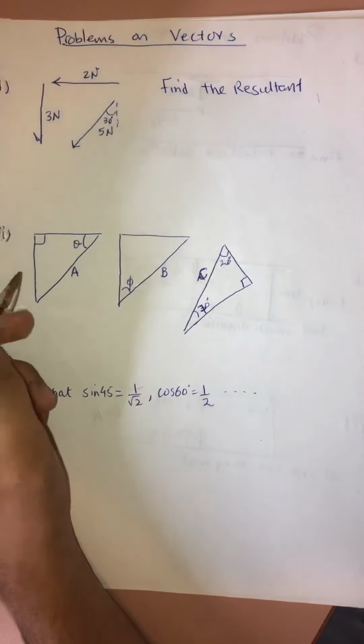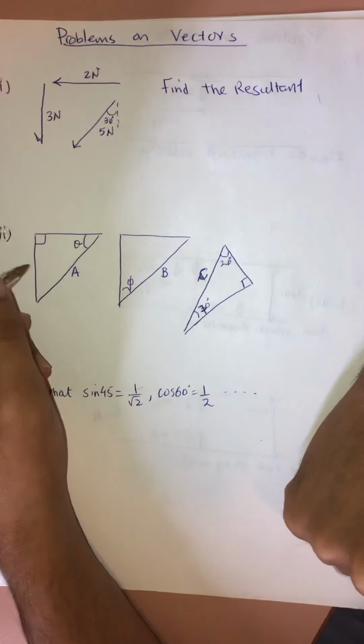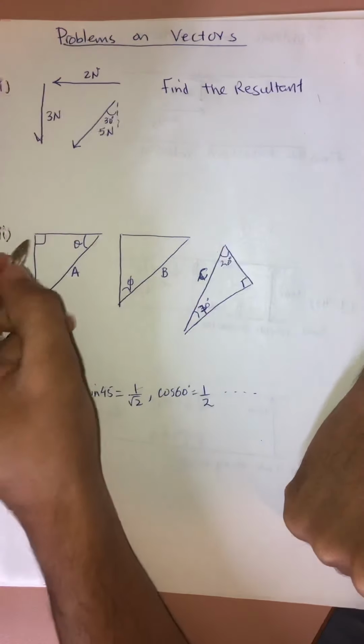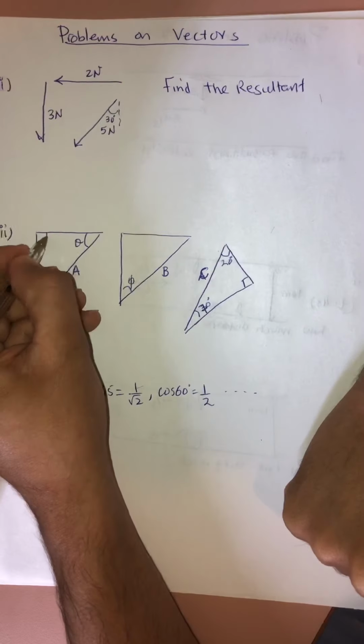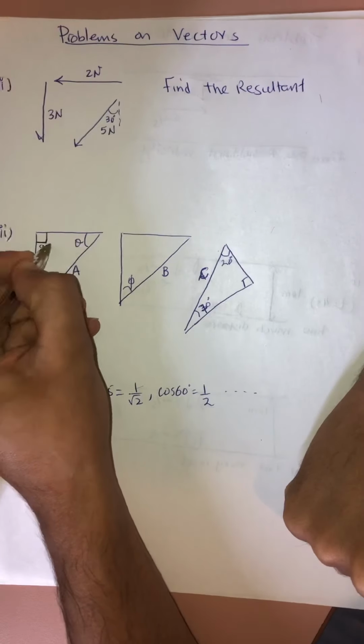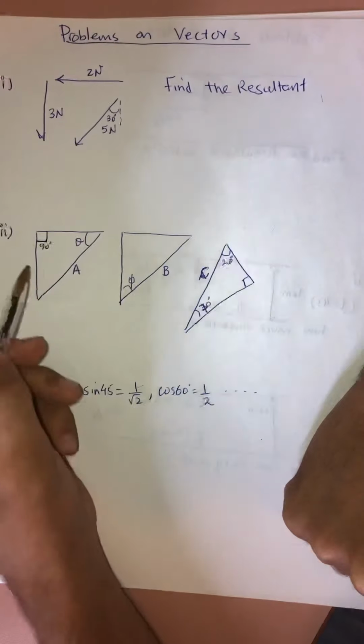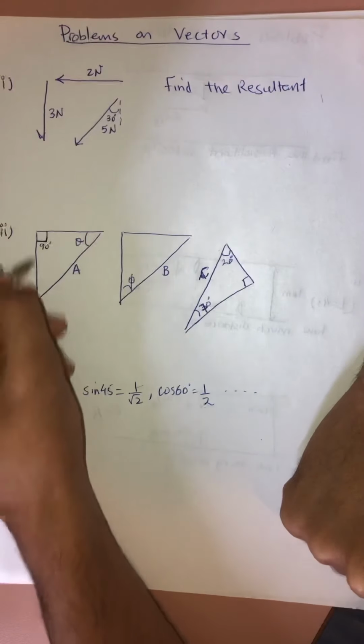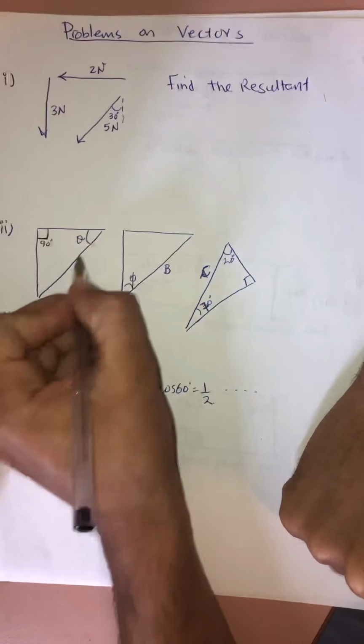Here we have a triangle, and it is a right angle triangle. That means that one of the angles is 90 degrees. Now we have to find the sides in terms of the hypotenuse.